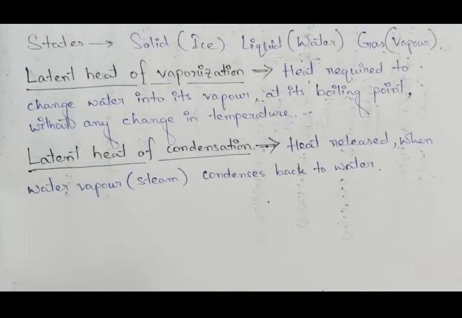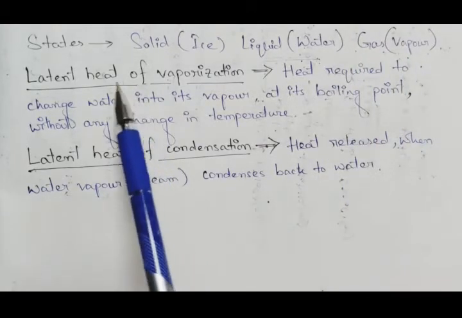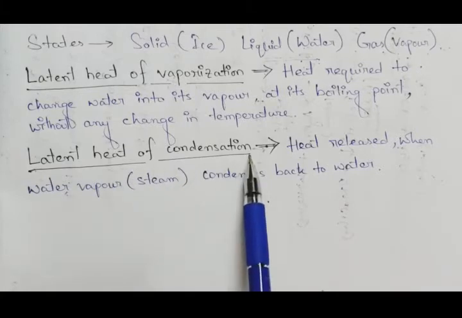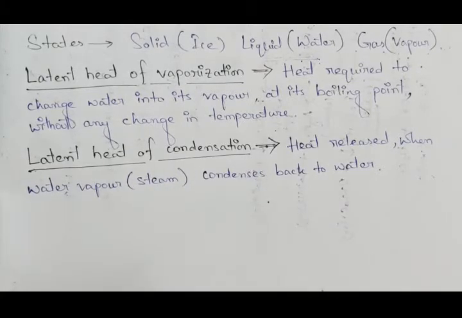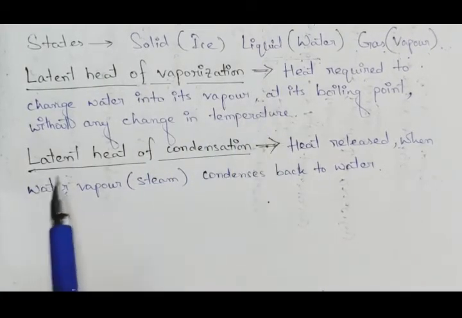This is the latent heat of vaporization. And latent heat of condensation means heat released when water vapor condenses back to water. So in the case of the latent heat of vaporization, heat is required, and in case of the latent heat of condensation, heat is liberated. This is the opposite phenomenon, and the latent heat of vaporization is equal to the latent heat of condensation. Okay, both these energy quantities are the same. Clear?